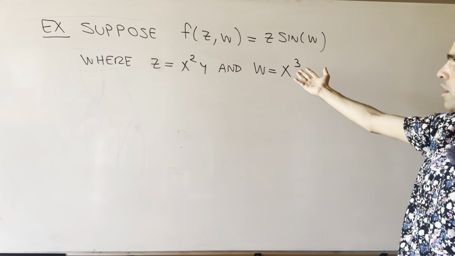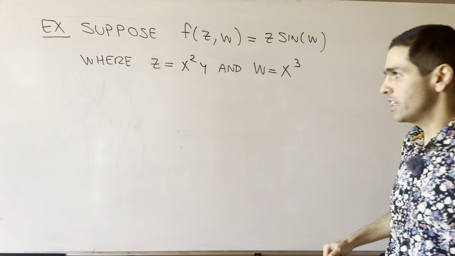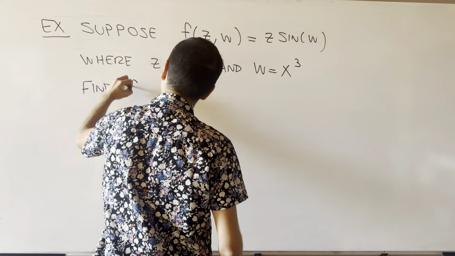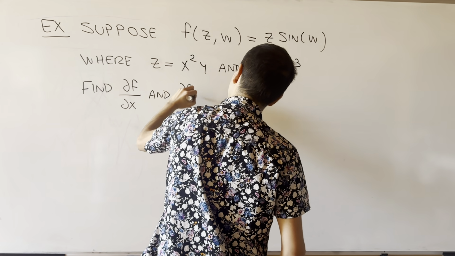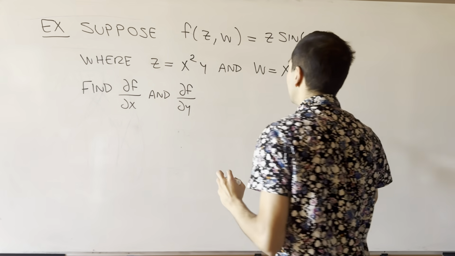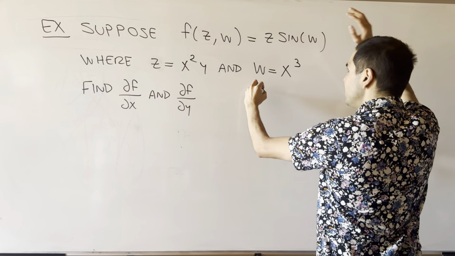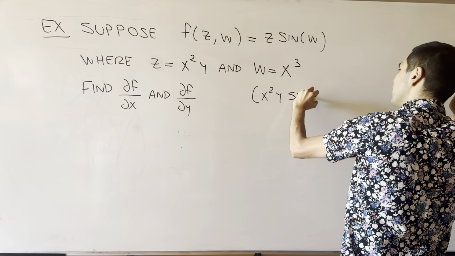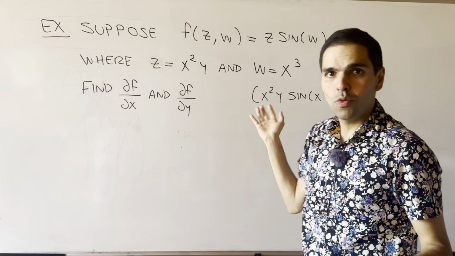And what we want to find is df over dx and df over dy. In other words, what we really want to find is the derivative of x squared y sine of x cubed with respect to x and with respect to y.